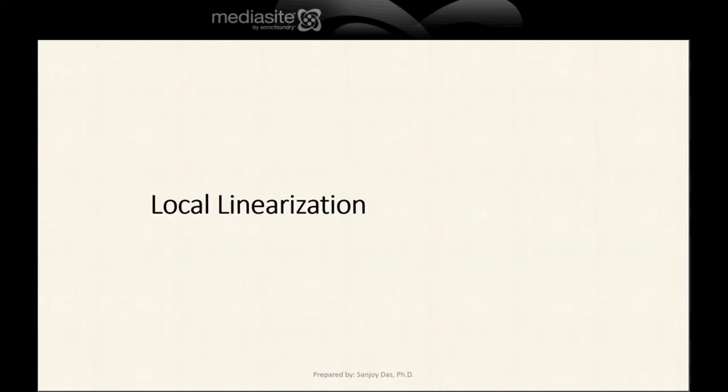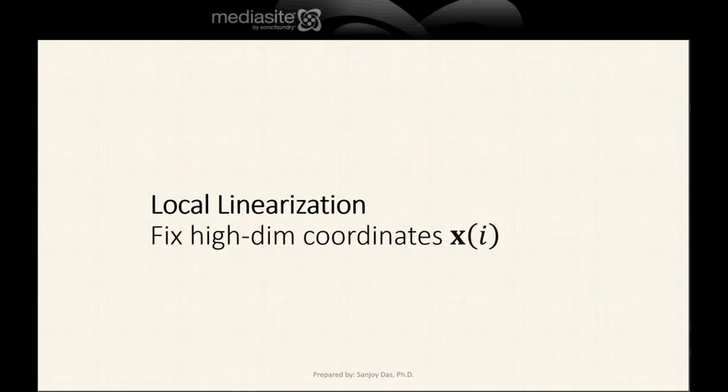So the first step is called local linearization. Here we are given the high-dimensional coordinates xi's of all sample points, and our goal is to find the weights wij, where i and j are neighboring points.